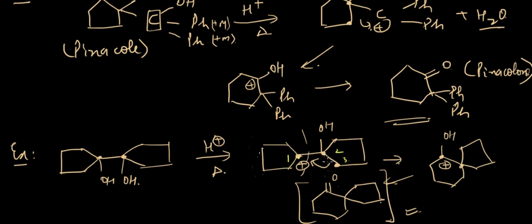So what happens is the third carbon is attached to the first carbon. Between second and third carbon, this was the second carbon, this is the third carbon, and the first carbon is this one only. So the bond actually broke up and attached to this carbon.